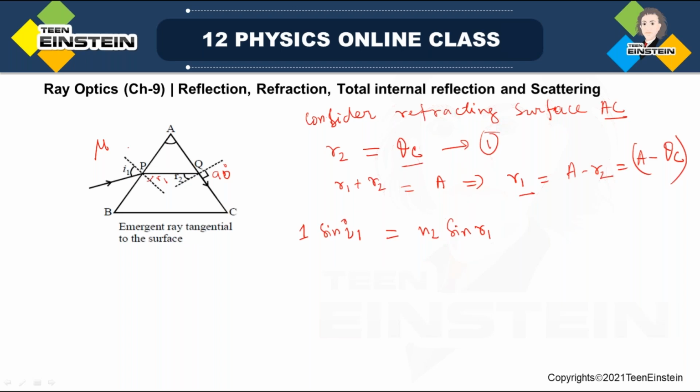Let us say N2 is mu, as the index is given. So sine I1 is mu sine R1, and R1 means A minus theta c.